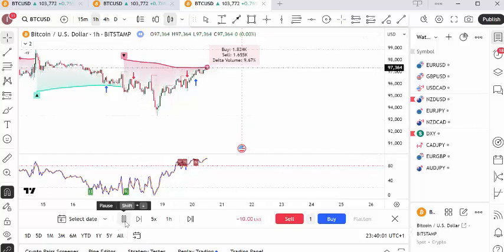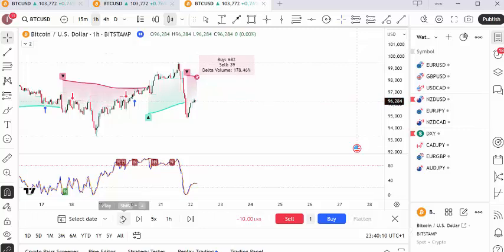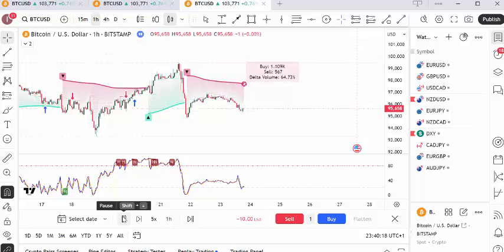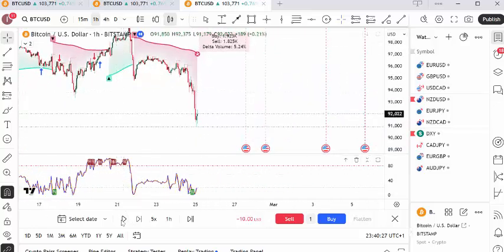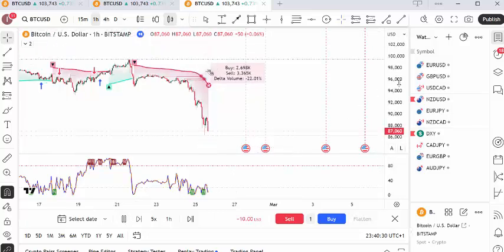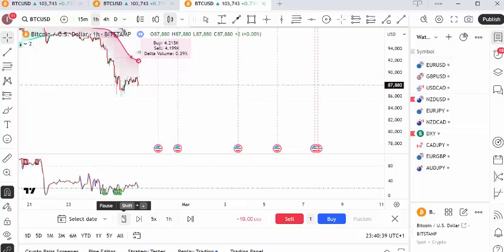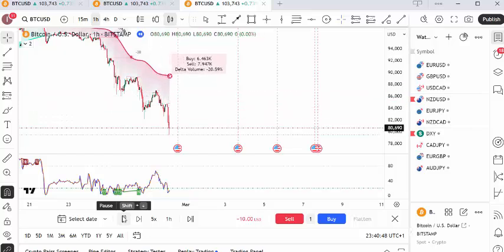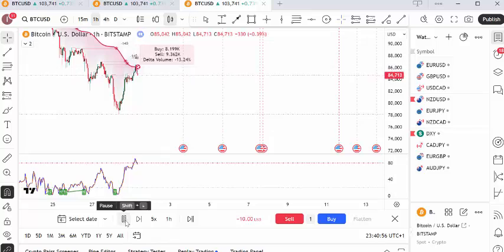Okay, so we're out. Now we're down -10. I have no divergence here yet.